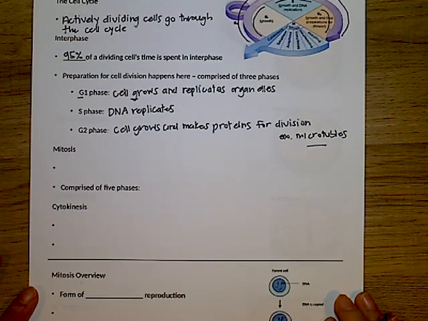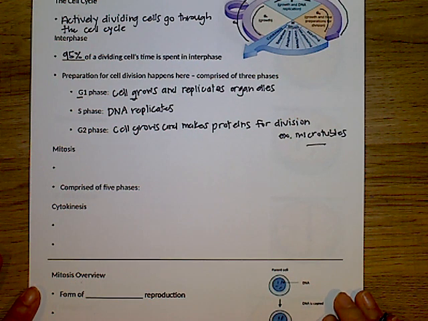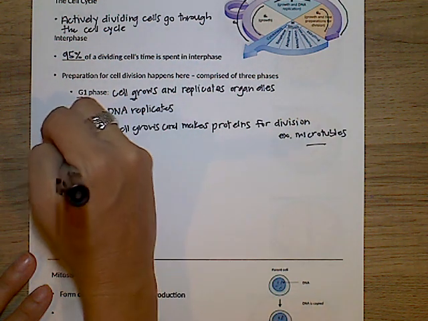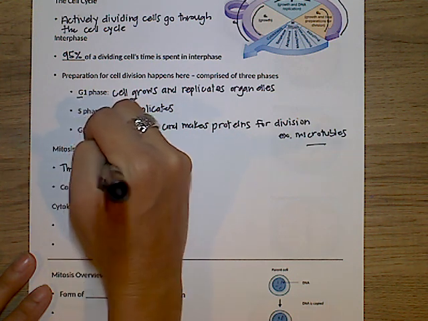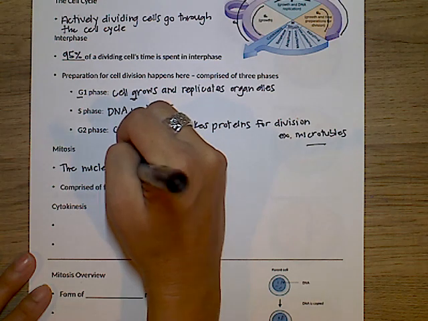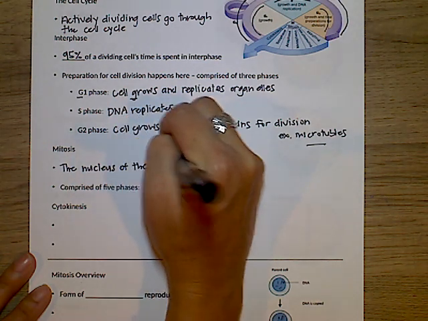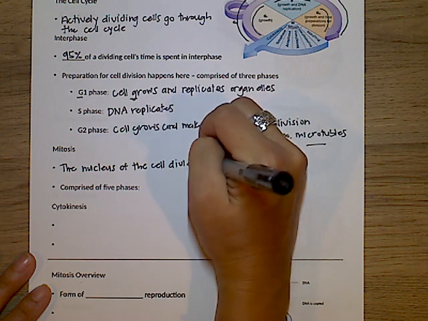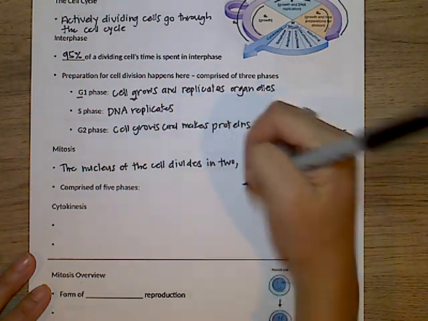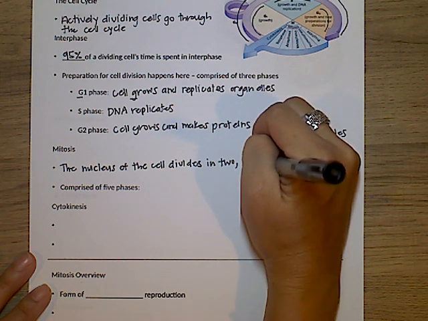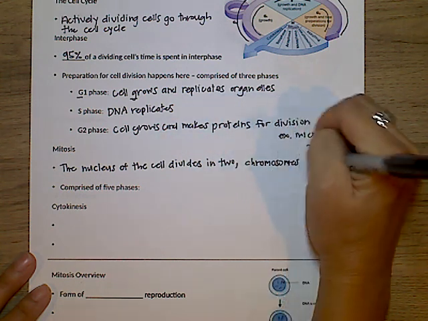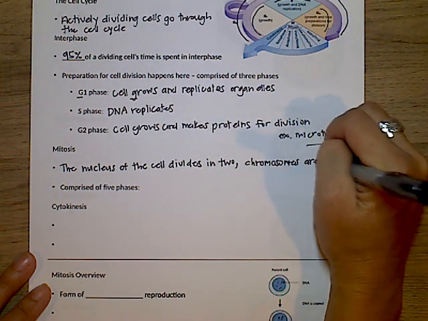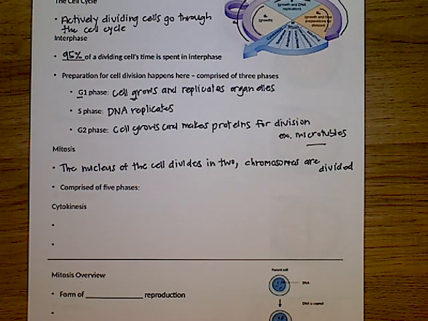So now we're into mitosis. This is when the nucleus and the DNA of the cell actually divides. The nucleus of the cell divides in two, and the chromosomes are divided, and it's comprised of 5 phases.